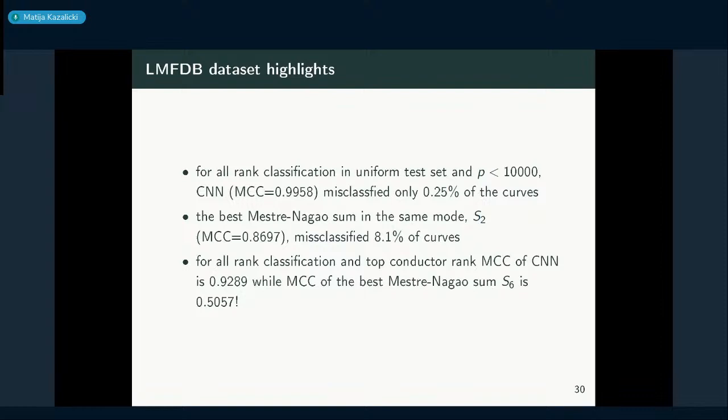In all rank classification of the top conductor range, the MCC of CNN was 0.928, while the Matthews correlation coefficient of the best Mestre-Nagao sum is only 0.5, which is a huge difference.